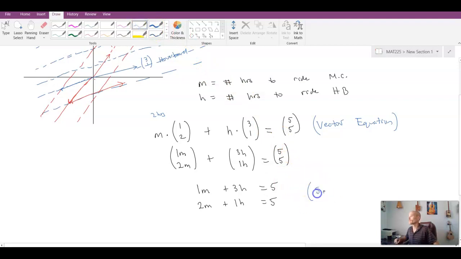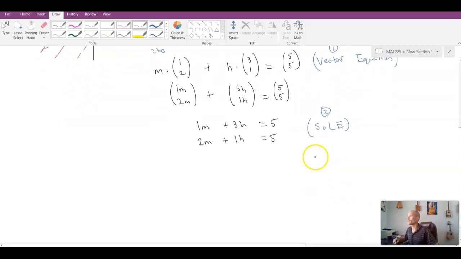So we have one representation here, we have a second representation here. The third one is coming. We're not quite ready for that, but the third one is going to be what we call a matrix equation. And that's going to be the third representation.